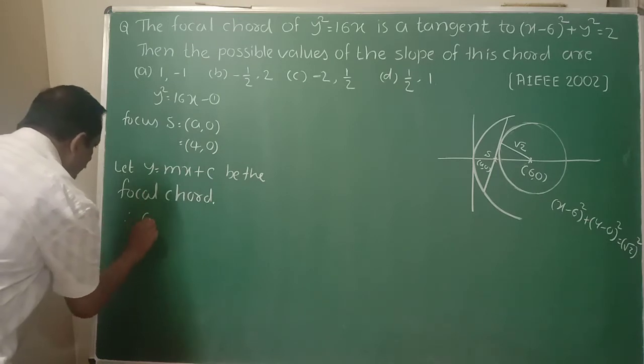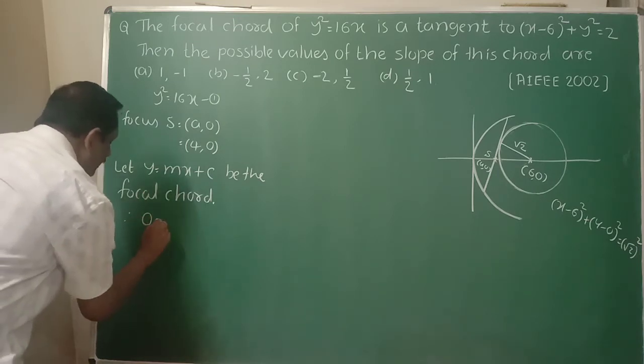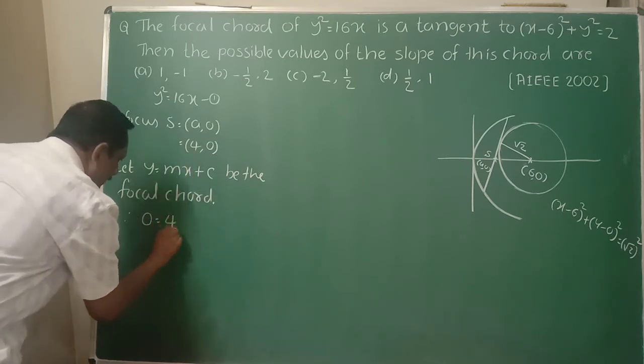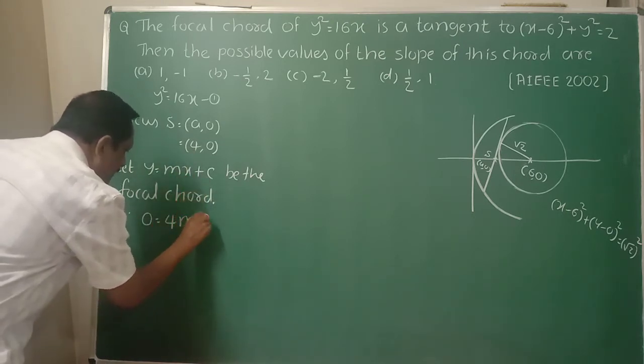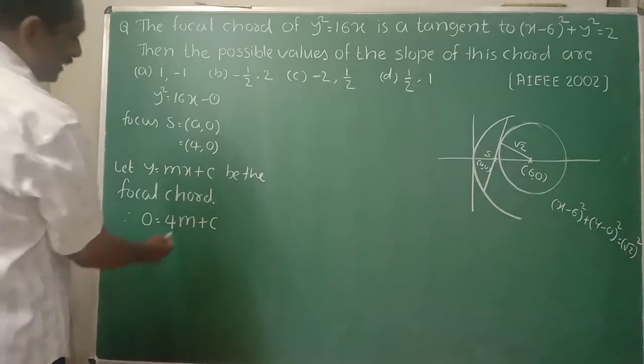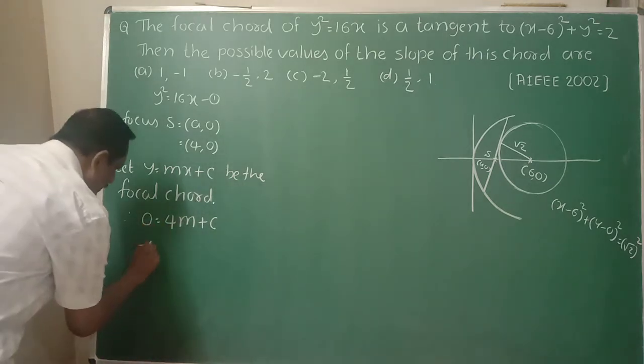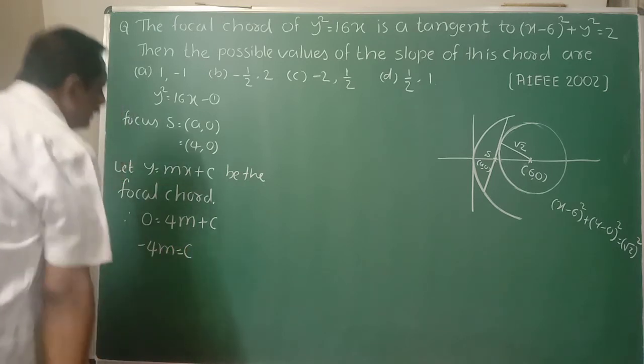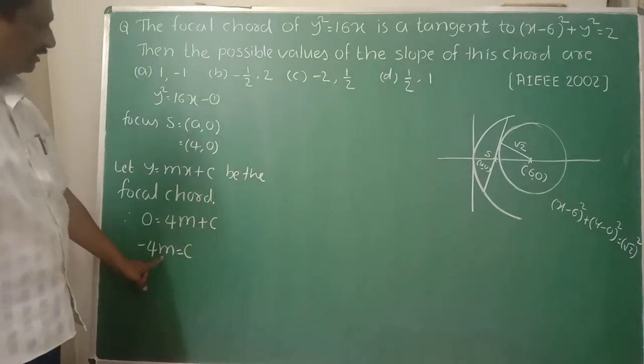Therefore 0 = m into 4, plus c. Take 4m to this side: −4m = c, or c = −4m.